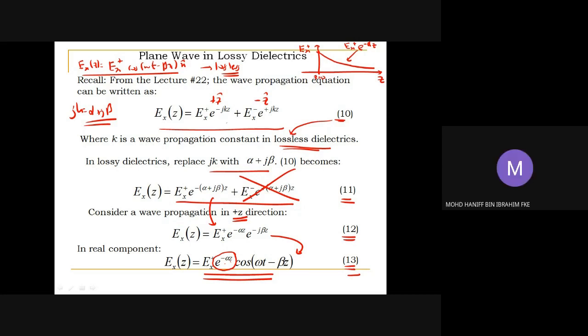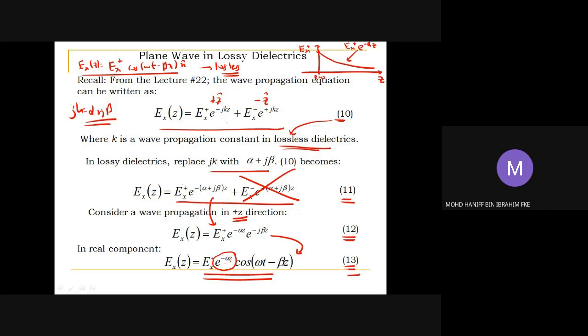The thing is that this is based on the mathematical derivation we have. Because we are using a mathematical method to obtain these two equations of the wave propagating in a positive z and the wave propagating in negative z.